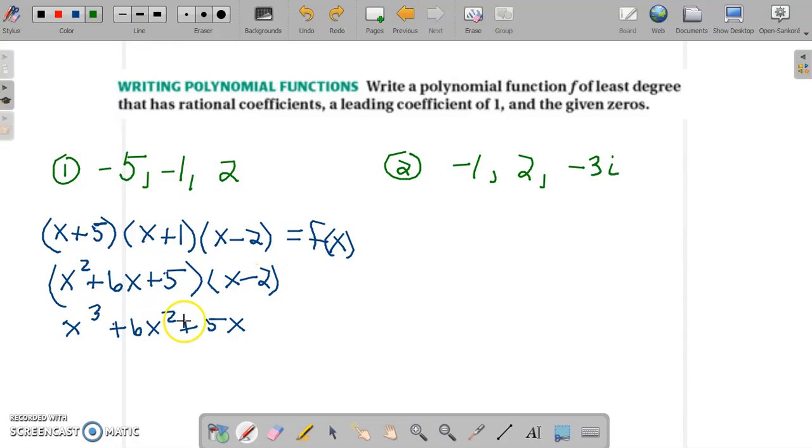I'm going to multiply negative 2 times everything, so that's going to be a negative 2x squared, and then a negative 12x, and then a negative 10.